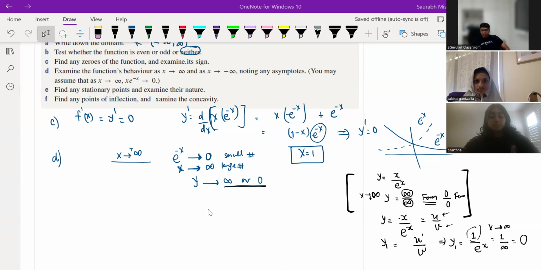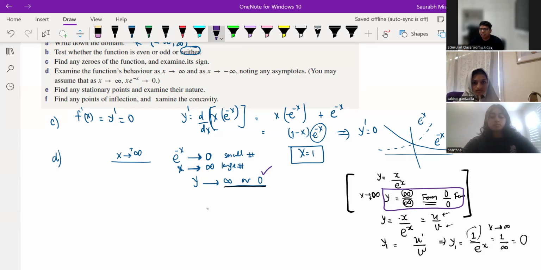Clear, Sakina, Pratna? And it is only valid when you get this form, when you are not able to decide by putting the value in. So now it is tending to 0, as we have seen from L'Hospital rule, right? Clear?